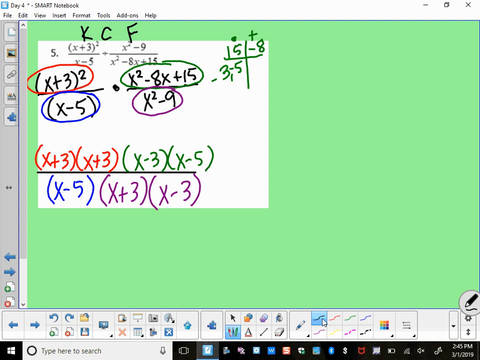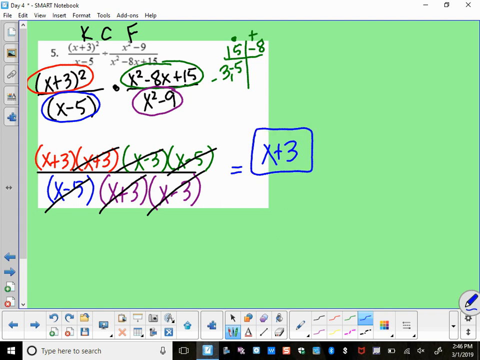We can cross out x minus 5 and x plus 3 and x minus 3. So once again, all that work for one answer, for one factor. Should you put a 1 under it? You could. It wouldn't matter.